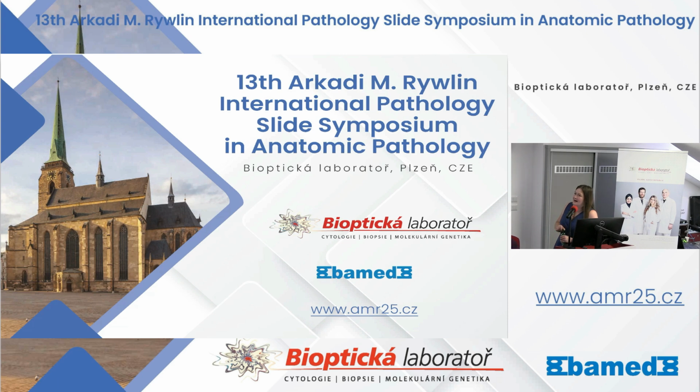And if you have some problem, there is an abnormal immunohistochemical profile, the morphology doesn't fit very well, it is better to send it for molecular genetic testing because it is very significant for the patient. Because clear cell carcinoma right now is treated in a different way than others. We have the treatment for clear cell carcinomas, but we don't have the treatment for non-clear cell carcinoma. So this is the reason why it's very important to distinguish between clear cell carcinoma and other tumors.